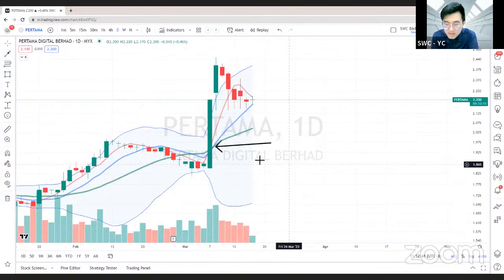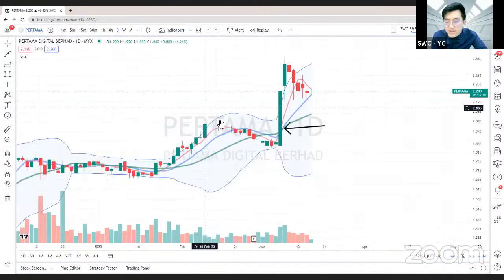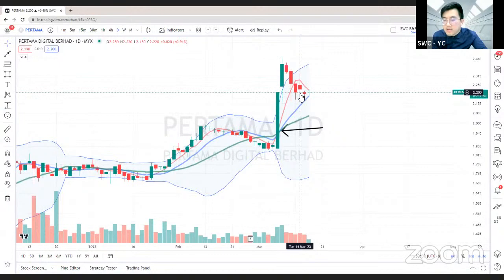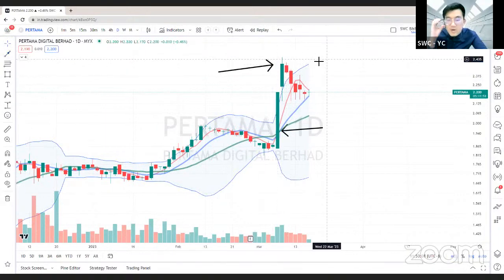Then the price shoots up, and maybe you aim for the resistance, maybe 10%, 220. Then you exit here. You can also aim for maybe 240, then exit here. This is when the price hits your own desired point, then you exit.